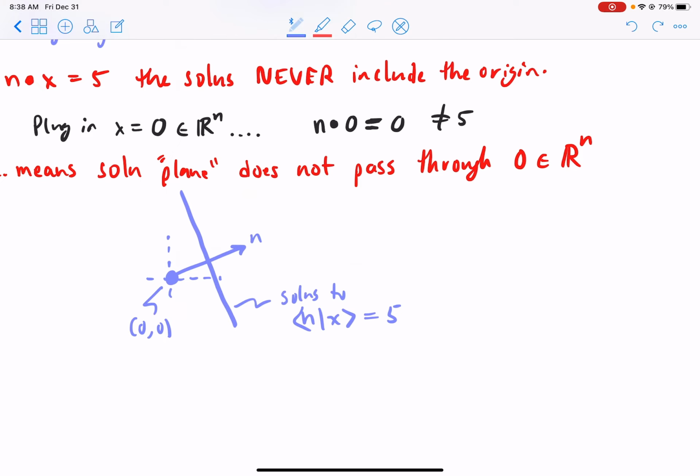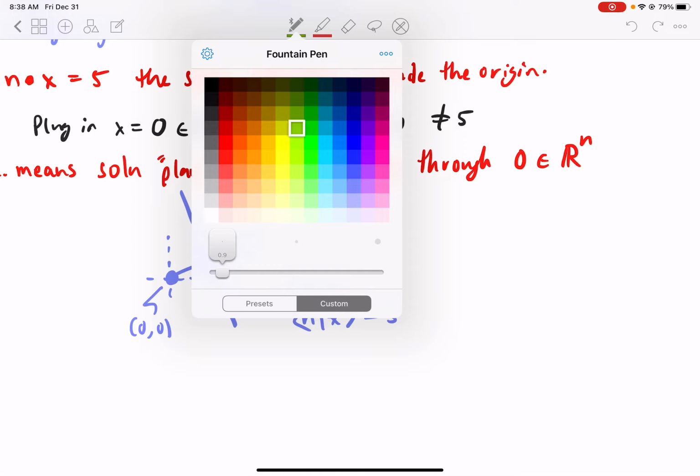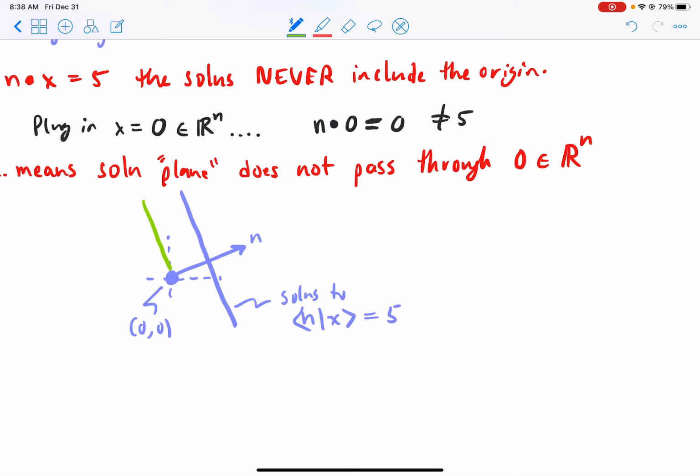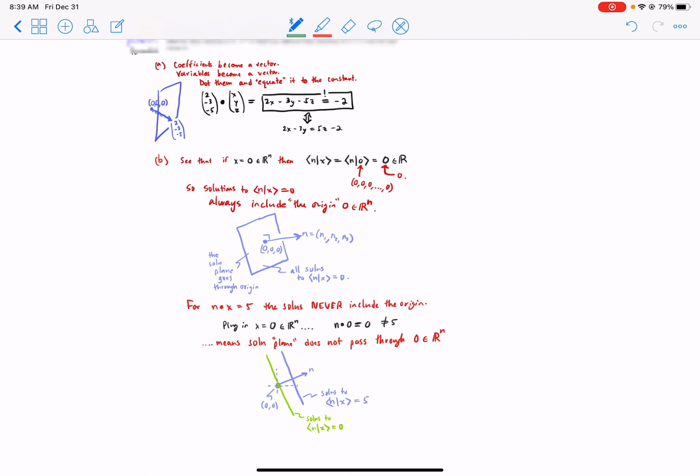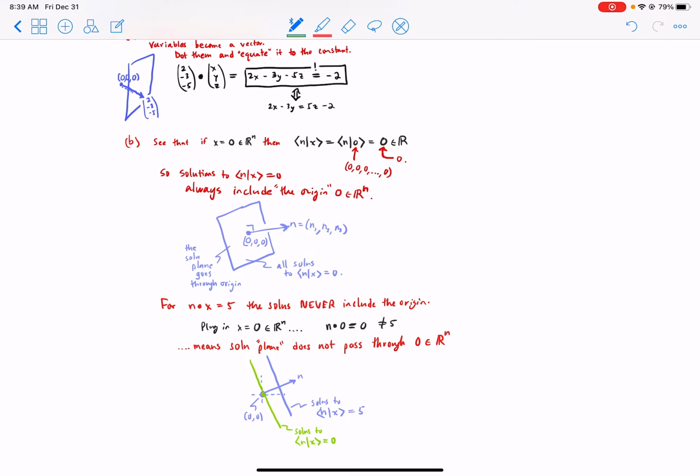Okay, in comparison, we might choose a different color. Now this is solutions to n dot x equals 0. It passes through the origin. It includes that point. That's the difference. So all these linear equations are going to give flat solutions, depending on the dimension, but they're always flat.